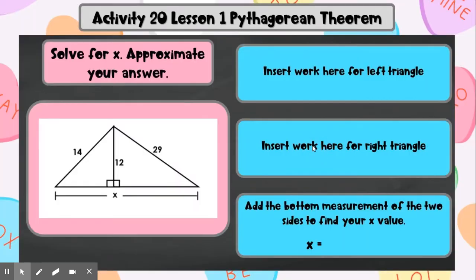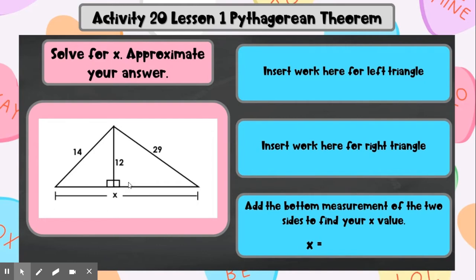All right. The type of problems we're going to look at today are these type of problems. It says solve for x. If I look at the triangle as a whole, I can't find that missing side.